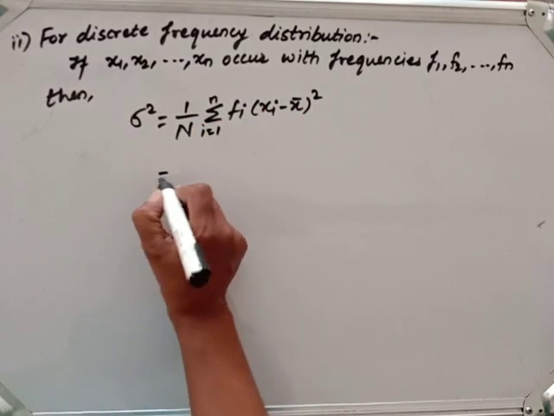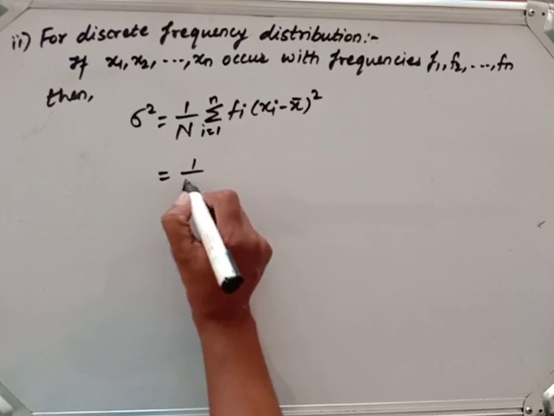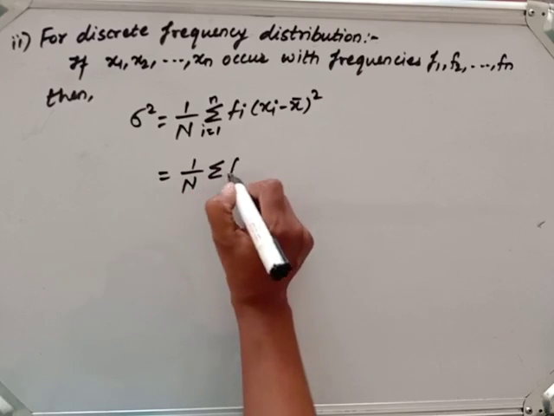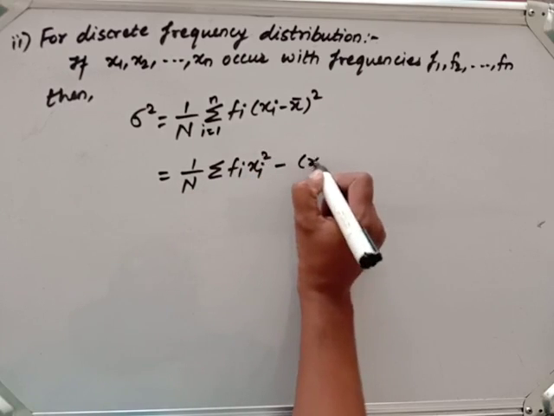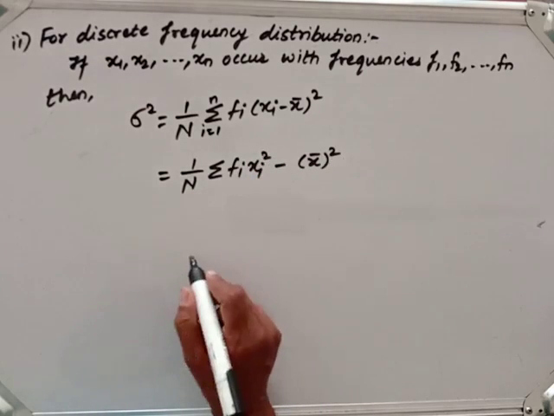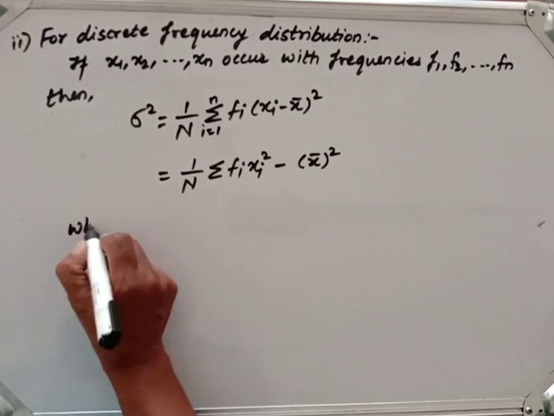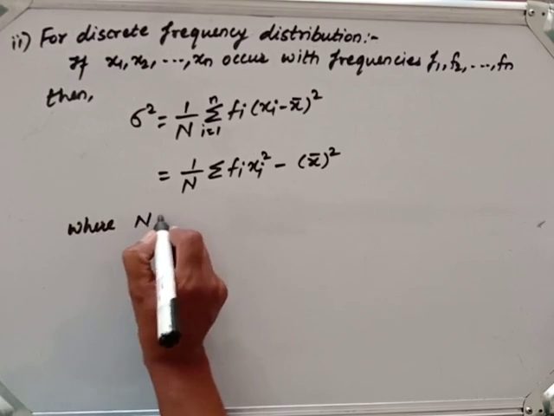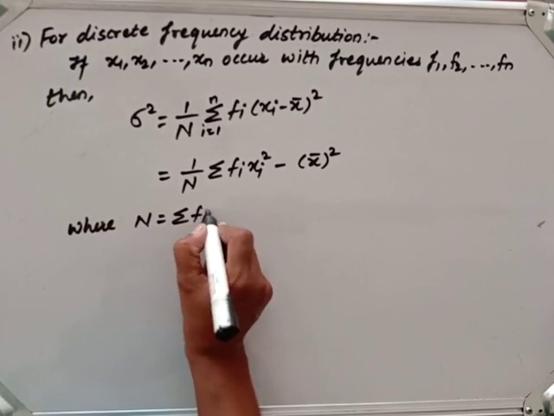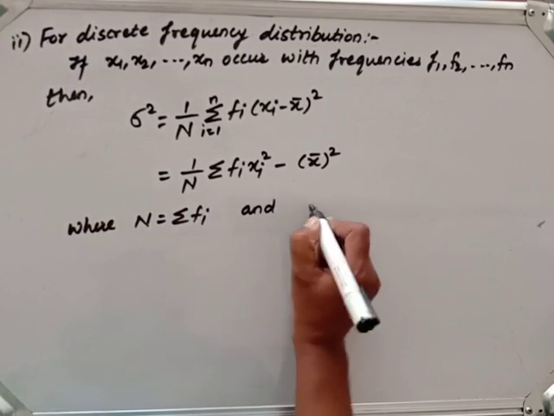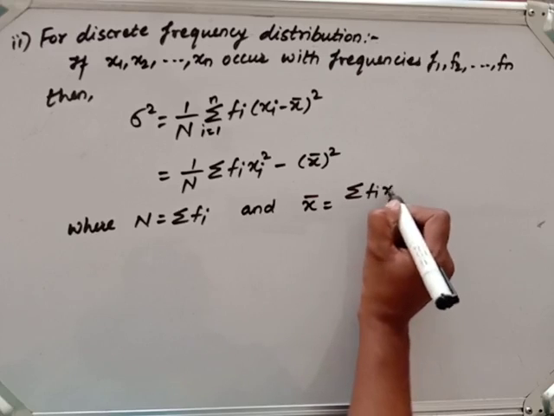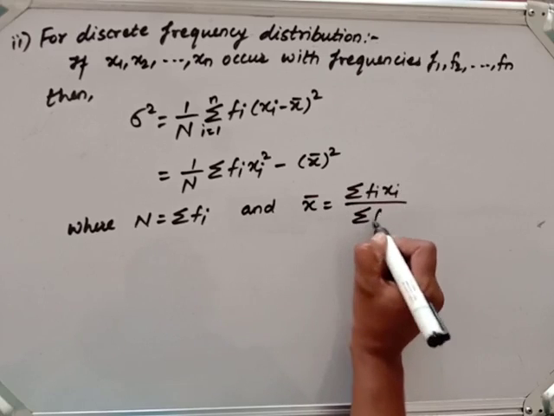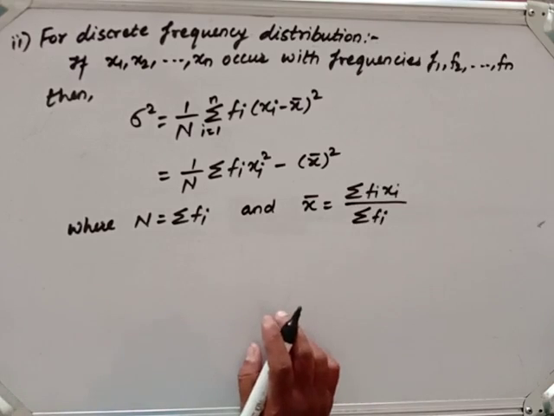The simplified result is 1 upon N summation fi xi square minus x bar square, where N is summation fi, and x bar is summation fi xi upon summation fi.